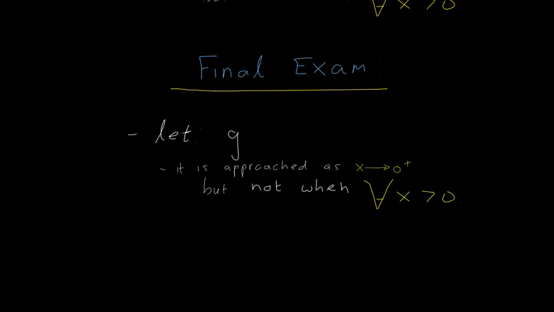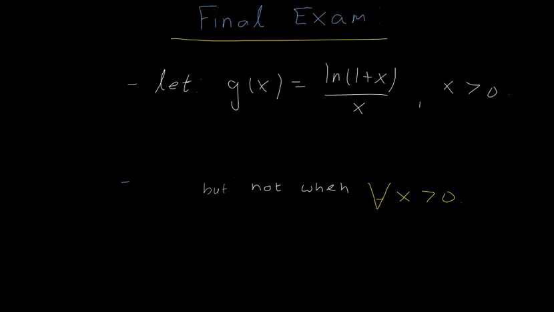So let g of x equal ln of 1 plus x over x, where x has to be strictly greater than 0. And what you want to point out, which is important here, right? You want to get to all the important facts.